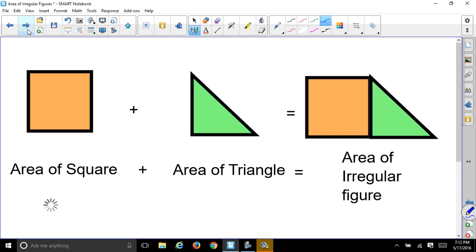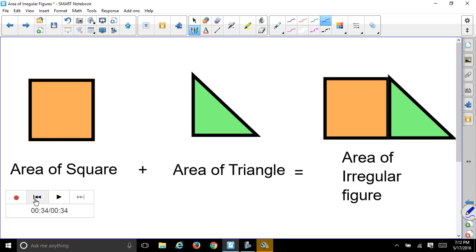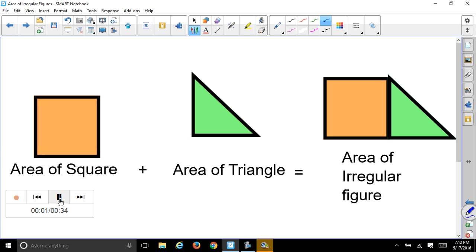So, have a little demonstration here, and we have a square here and a triangle, and it looks like the square and the triangle put together make a figure that looks like a trapezoid. So my demonstration, here's my square.